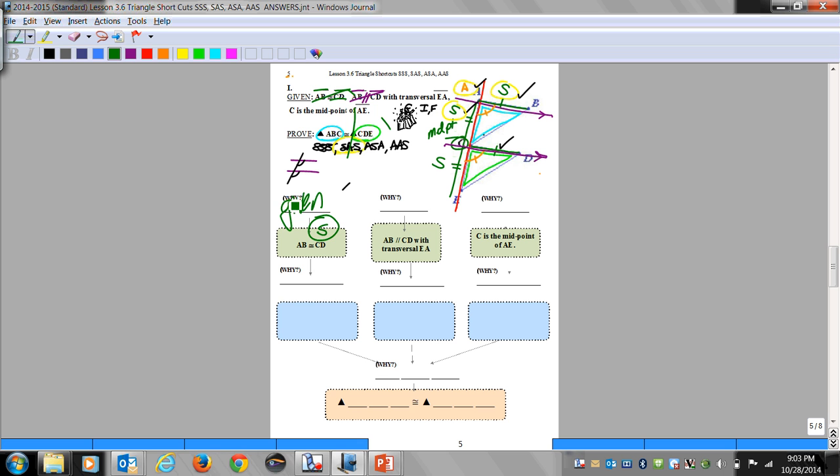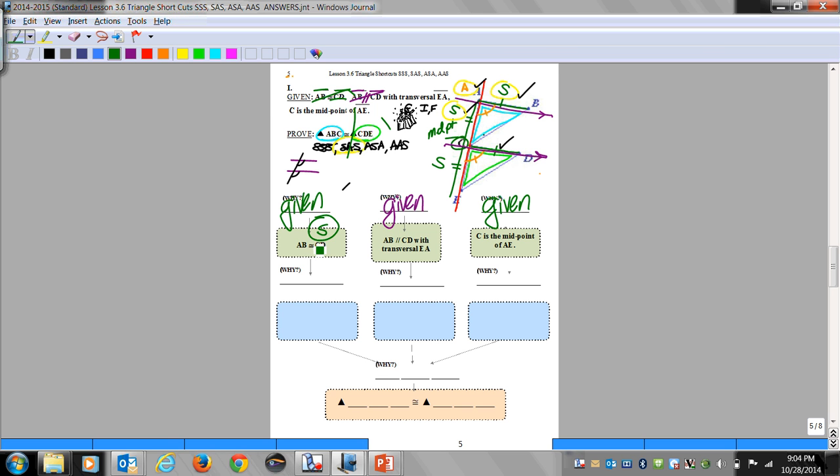The fact that we have parallel lines, that was also in the given. And the fact that C is the midpoint, that's in the given as well. Now, with this information, we're going to make note of what is true here.